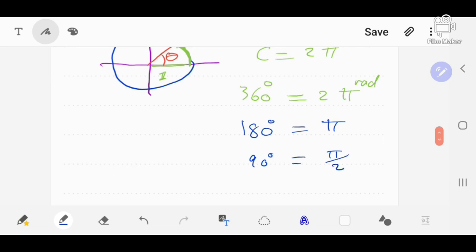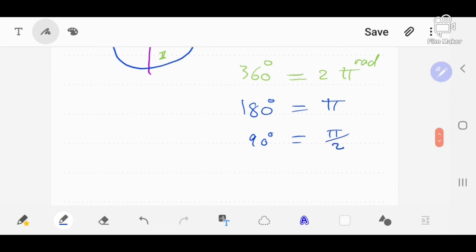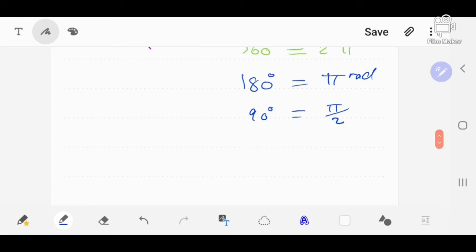This means that 180 is equivalent to pi radians. And if we try to find 1 radian by dividing by pi, if you divide 180 by pi, this would be approximately 57 degrees. It's 57 point something, so approximately it's 57 degrees.